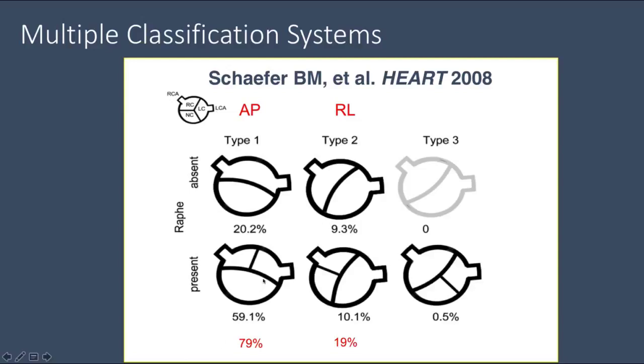A type 2 BAV is fusion of the right and non-coronary cusps, and this rare type, which we don't see very often, is fusion of the left and non-coronary cusps. The most common bicuspid aortic valve is this type 1 with a single raphe.